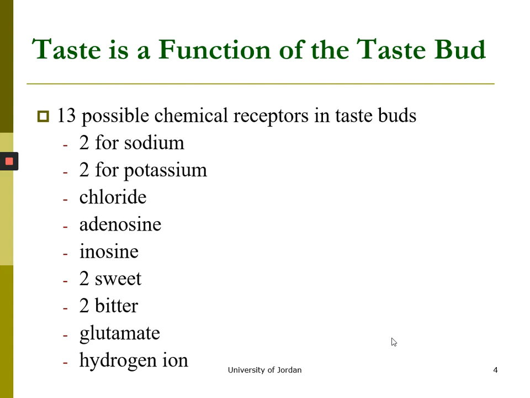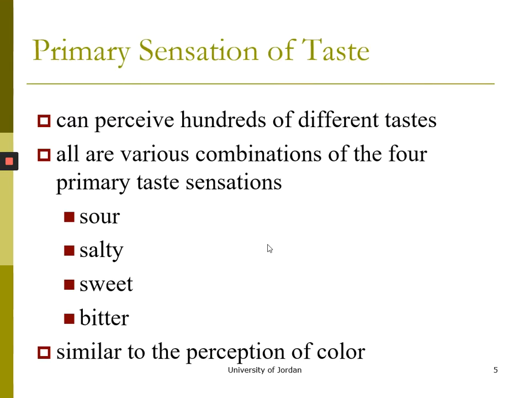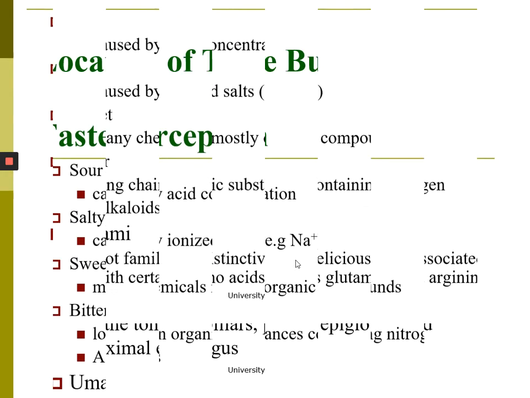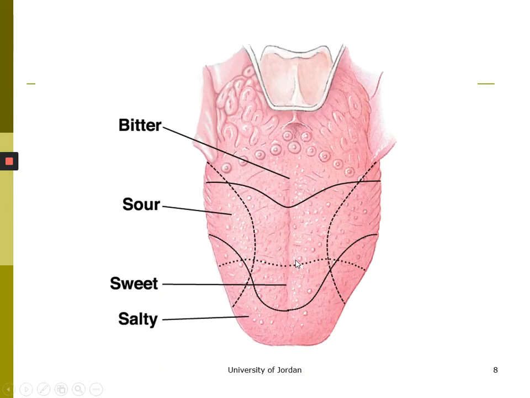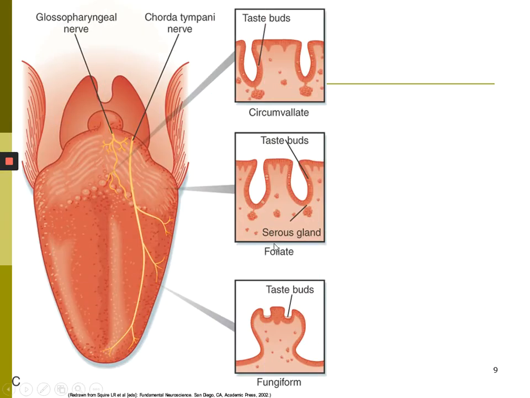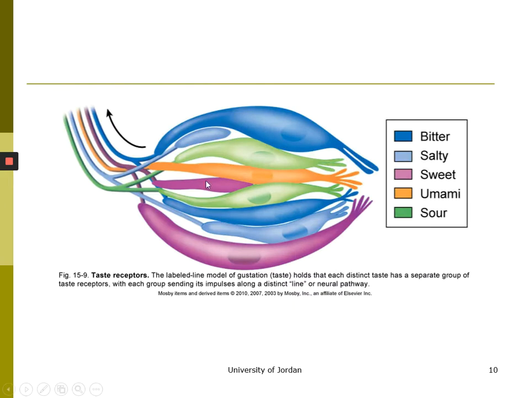If we talk about taste to start with, taste substances are found in taste buds. This is the taste bud. So taste receptors are found in taste buds, and these taste receptors are actually epithelial cells.